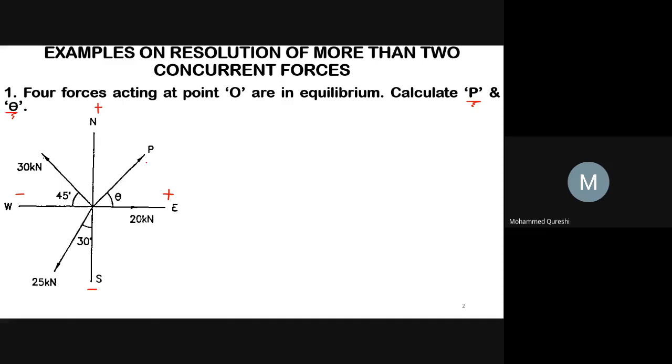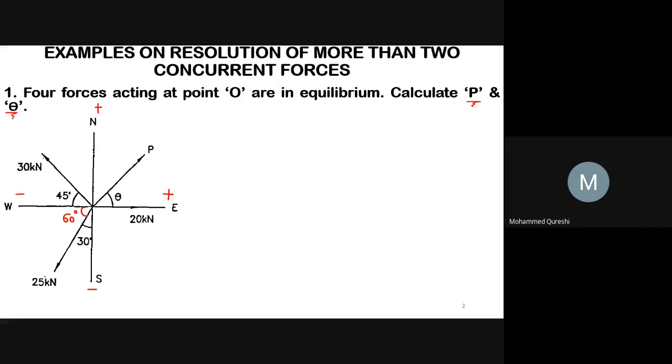So here P is making an angle theta with the horizontal x-axis. Here 30 kilonewton is making an angle 45 degree with the horizontal axis. But here 25 kilonewton is making an angle 30 degree with the vertical axis. So we will make an angle 60 degree with reference to the horizontal x-axis.